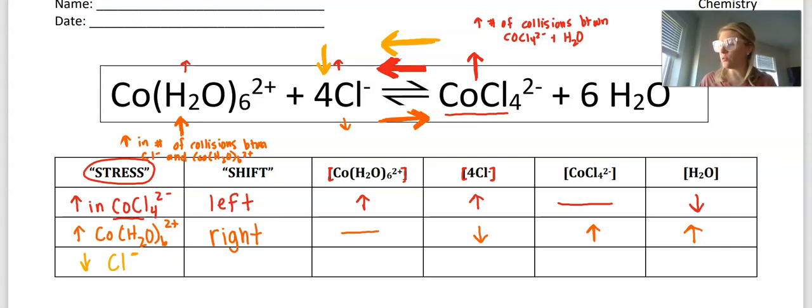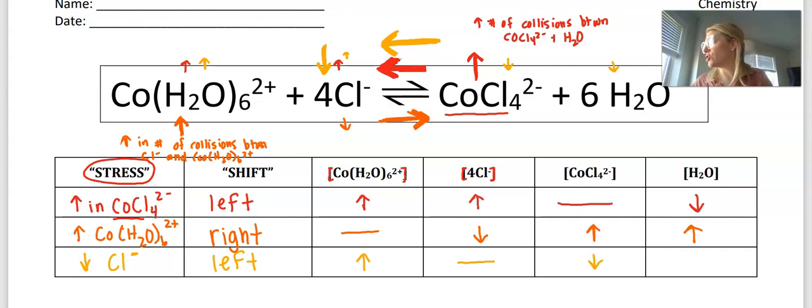That's a shift to the left, okay? As a result of that, I'm not only producing more chloride, but also more cobalt, okay? We were talking about chloride, so we're going to say that breaks even. And then for the other two, we're shifting away from that, which means that we are using the cobalt chloride 4 2- and we are using water to make more of our chloride and cobalt water 6 2+.